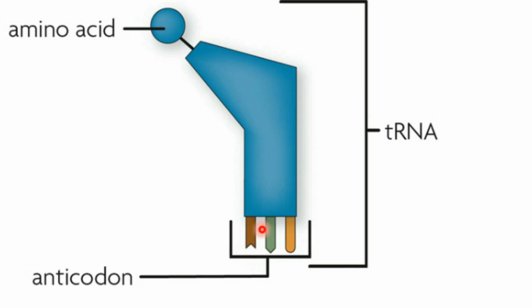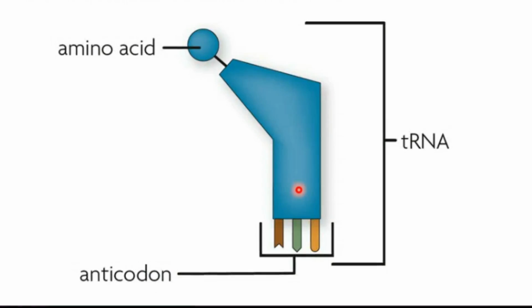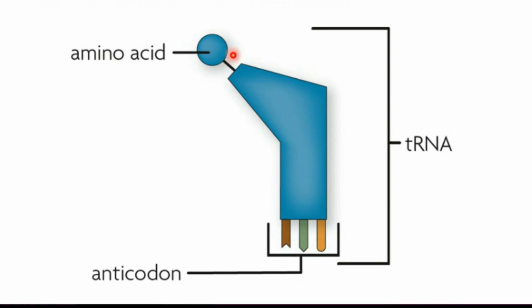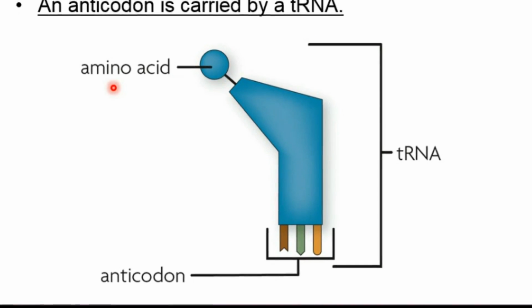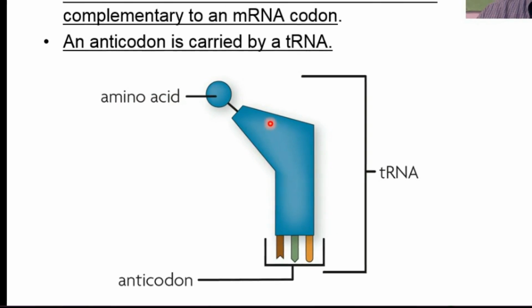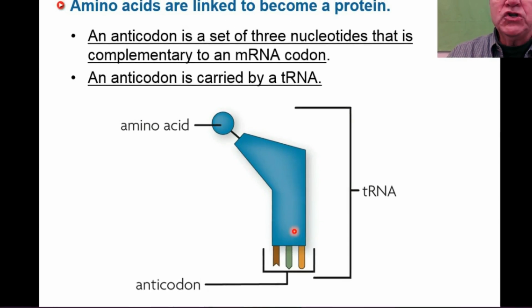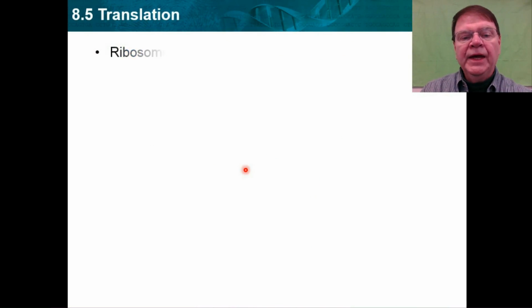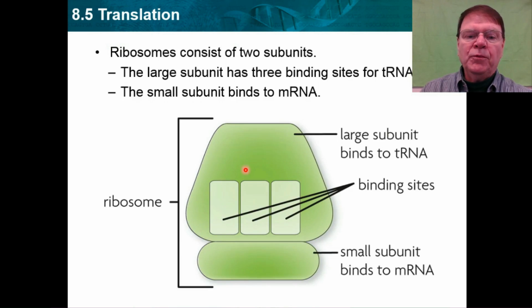And because these complement the codons, we refer to these as anticodons. So in a sense, they are opposites. At the top of the transfer RNA molecule, we can see joined to this a specific amino acid for which this transfer RNA codes. And because there are 20 different amino acids, there are going to be 20 different versions of tRNA.